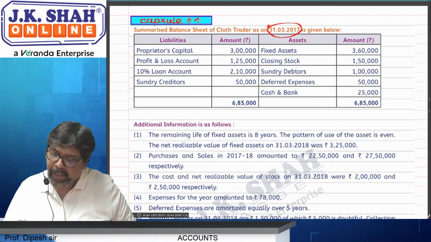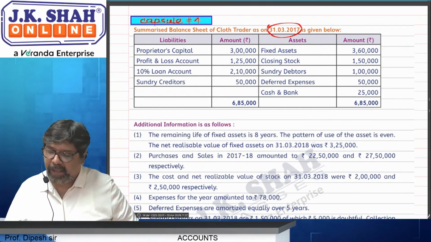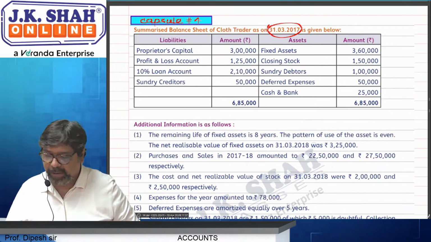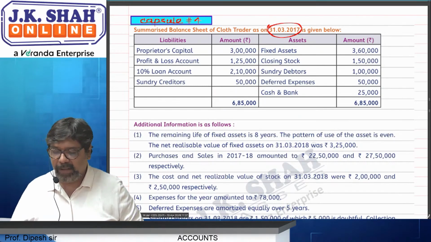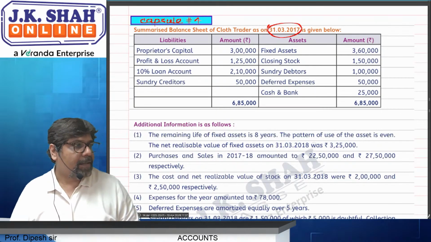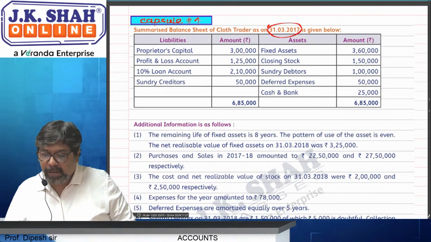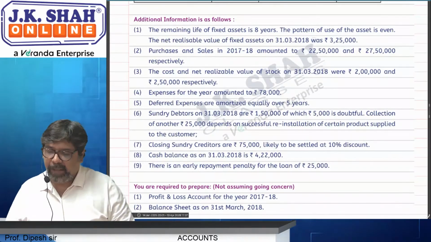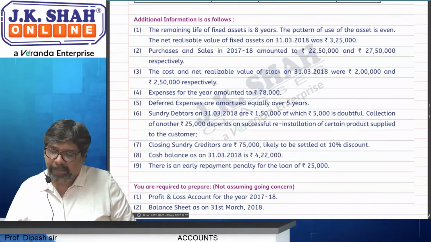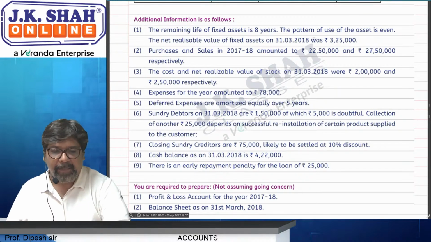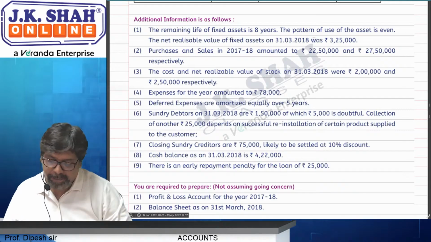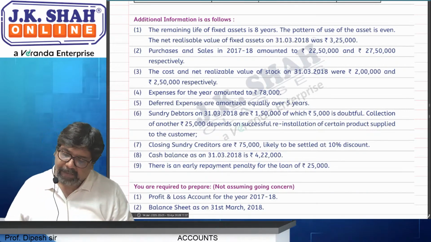Proprietor's capital, profit and loss, 10% loan, Sundry creditors, fixed asset, closing stock, debtors, deferred expenses, cash at bank. Additional information: the remaining life of fixed asset is 8 years. The pattern of use of the asset is given.